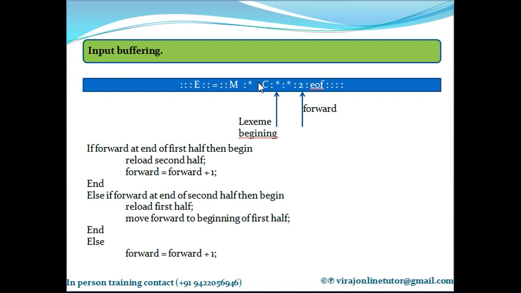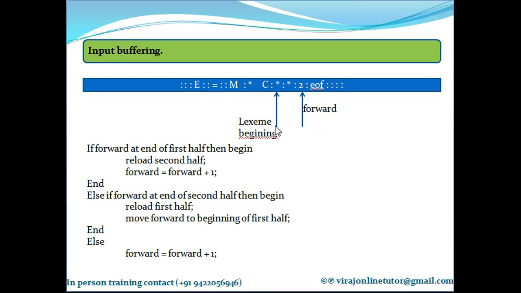In the first half of the buffer I have all these characters till the asterisk, and in the second half my text starts with C followed by all these characters and ending with a colon.